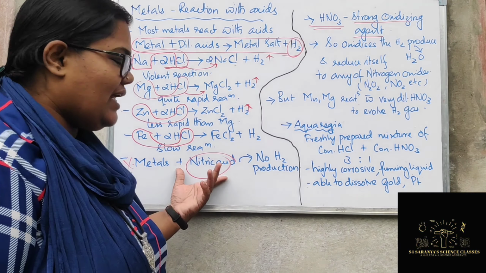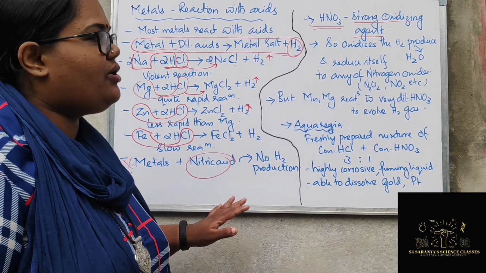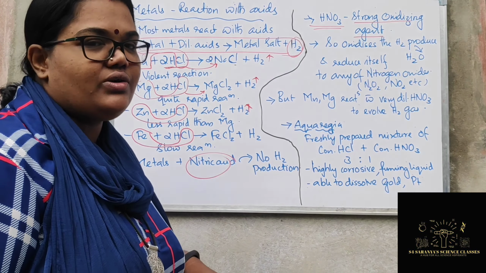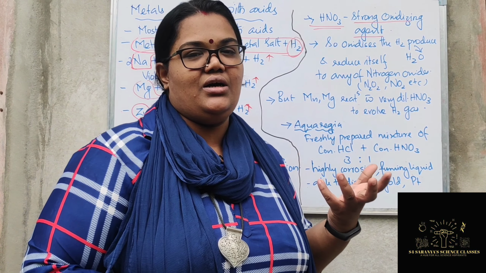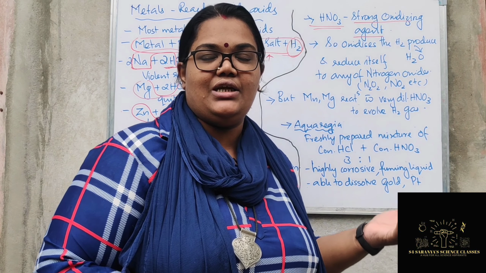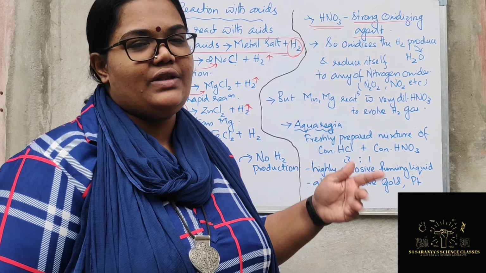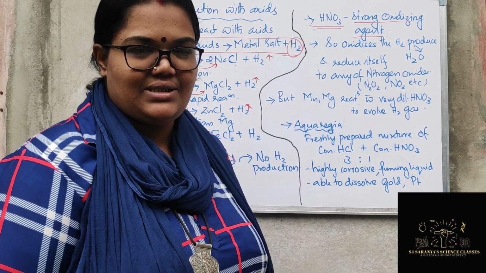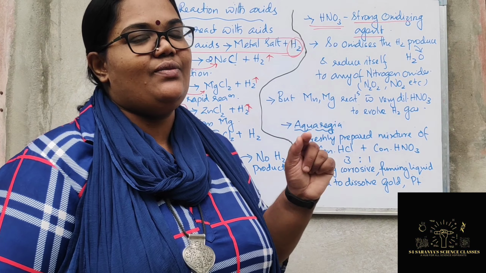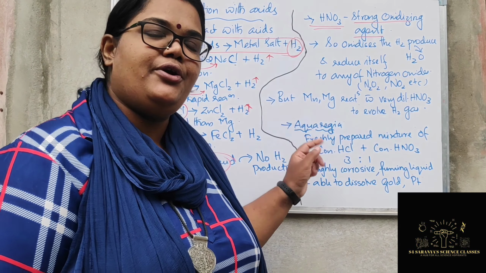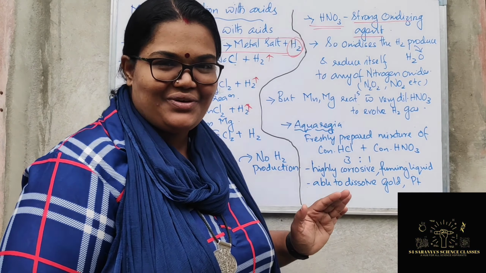If you are taking nitric acid, normally there is no production of hydrogen gas, because nitric acid is a strong oxidizing agent and it immediately converts the hydrogen gas into water, and itself reduces into any of the nitrogen oxides. But if you are taking magnesium or manganese, then it will react with dilute nitric acid to produce hydrogen gas. I hope it is clear for you.